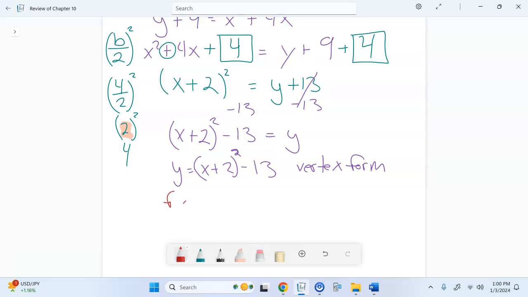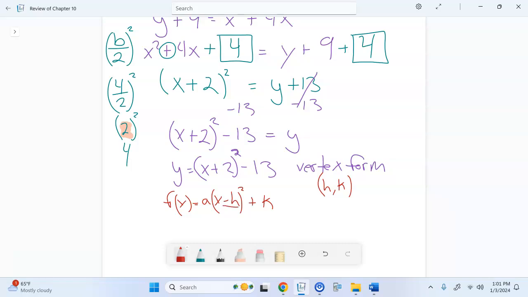Compare that to our formula. f of x equals a times x minus h squared plus k. That's our formula. All right? We're going to compare it. Remember that our vertex is h and k. What is the h value of that quadratic? -2.